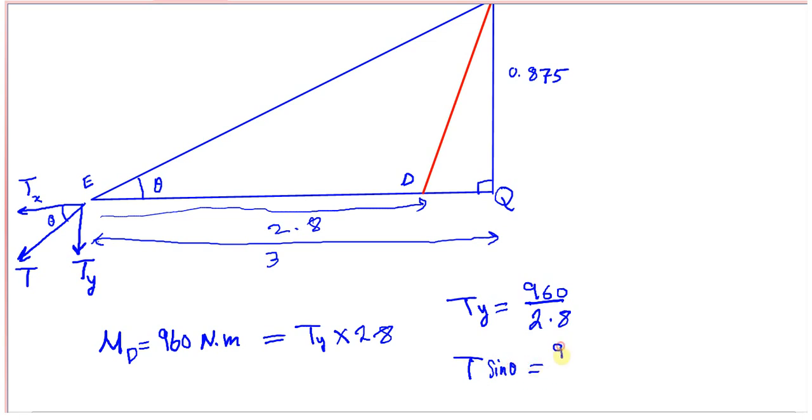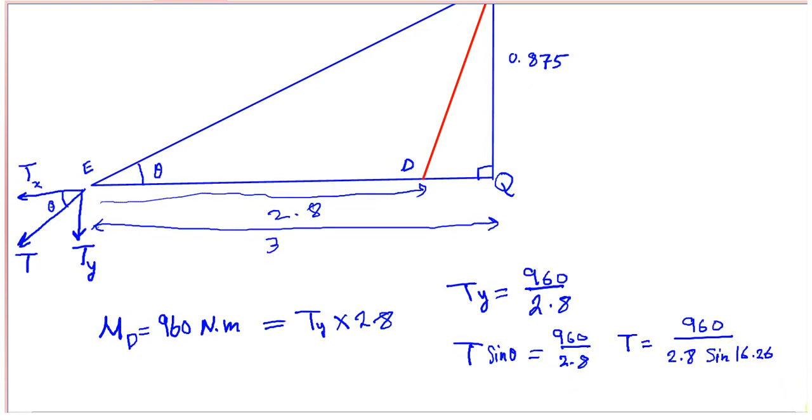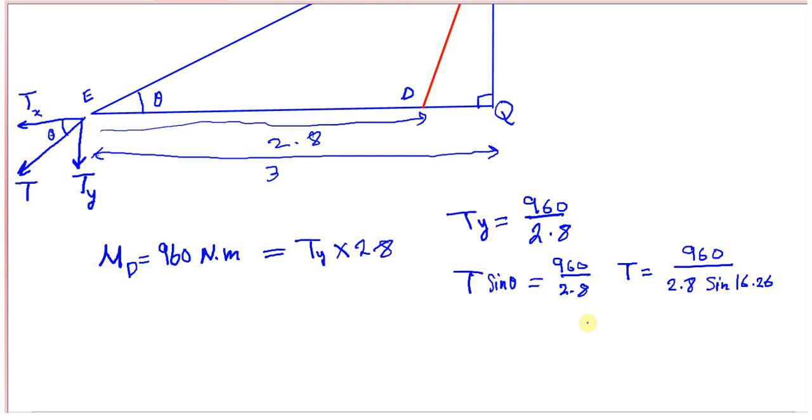So T, the tension in the rope, is 960 over 2.8 sine 16.26. If we do the calculation here, we will have T equal to 1244.5 Newton.